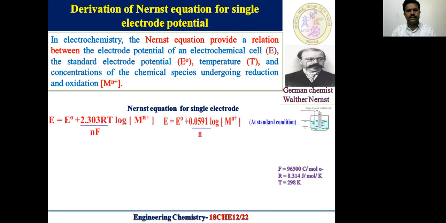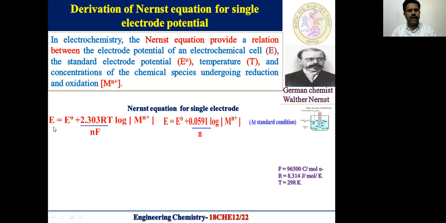Let's see the Nernst equation. That is E is equal to E naught plus 2.303 RT divided by nF log concentration of the solution in which the electrode is immersed.